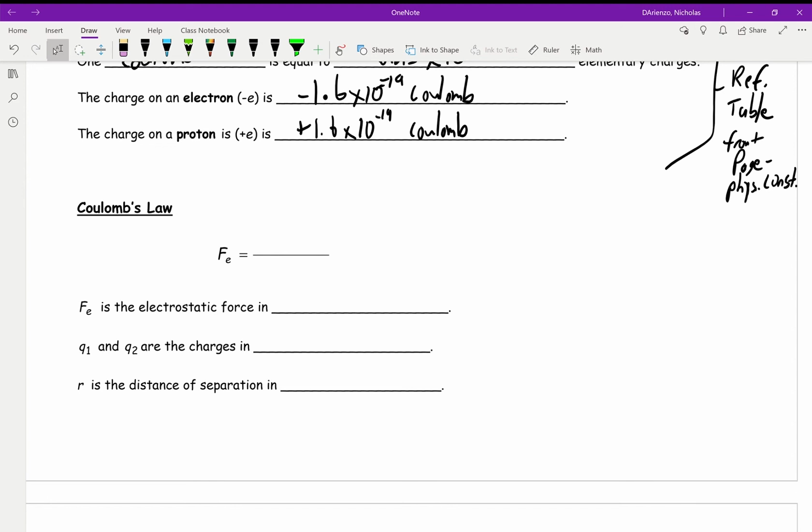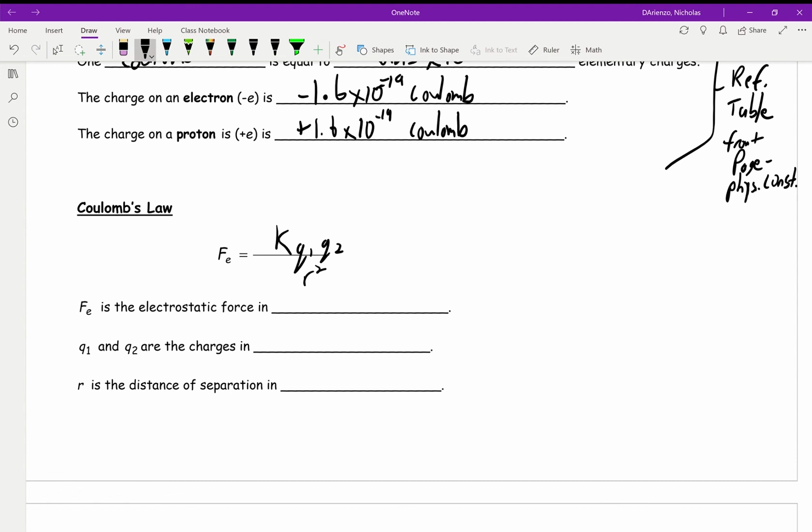And what it says is that it's going to vary inversely to the distance between those point charges. This is going to be all over the distance squared.